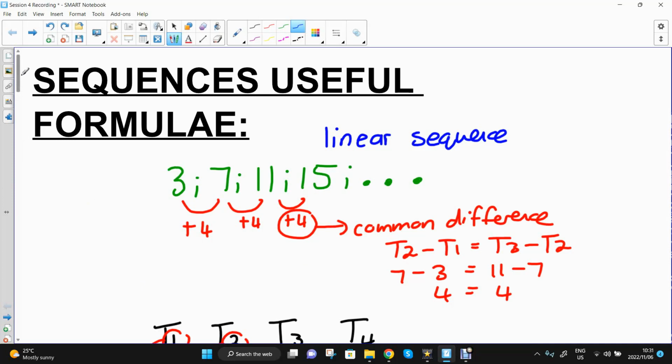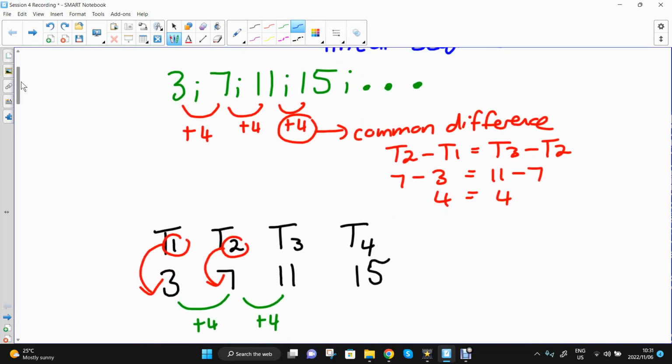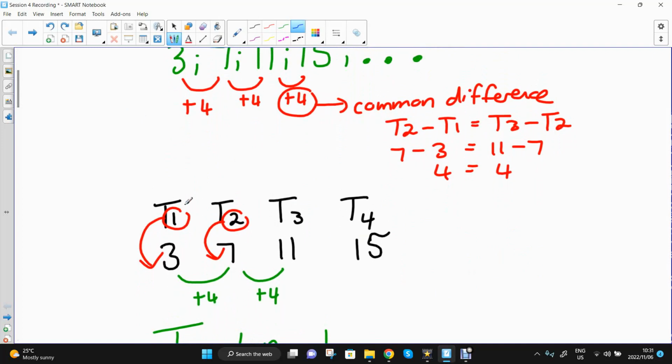Now, a very common question is to find the formula of the sequence. They also call it the nth term. If you look at the term numbers, I just rewrote the pattern here. Number 3 is my first term, so I call it term 1. And then term 2 will be my number 7.